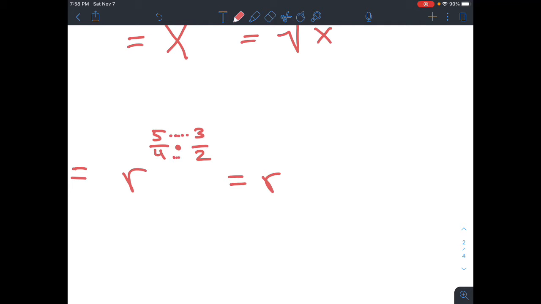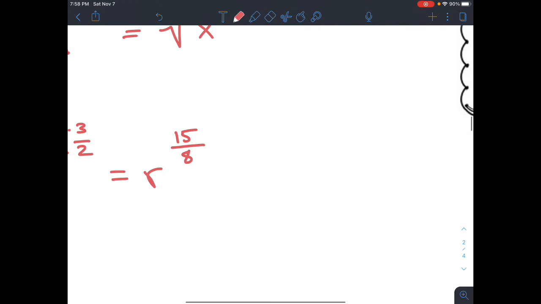Numerator times numerator, denominator times denominator. So we get r to the 15/8. That fraction cannot be simplified. If your problem is asking you to write this as a root, you would have the 8th root of r, because 8 is in the denominator, and that would all be raised to the 15th.